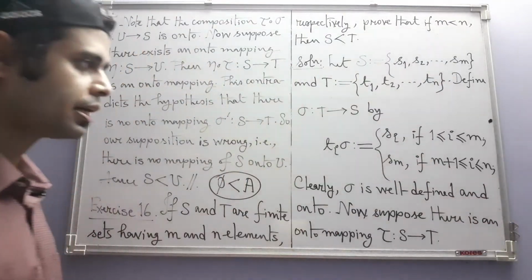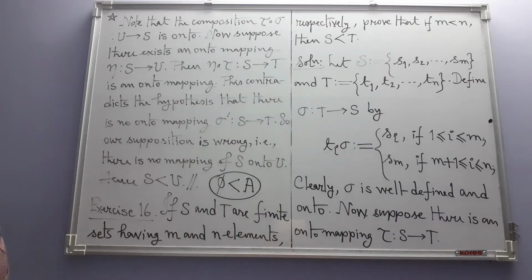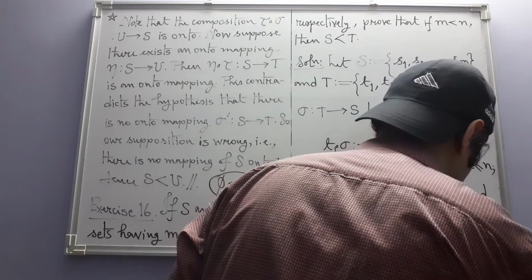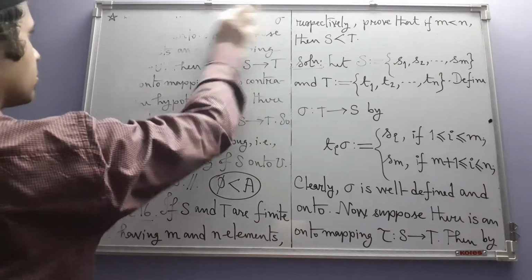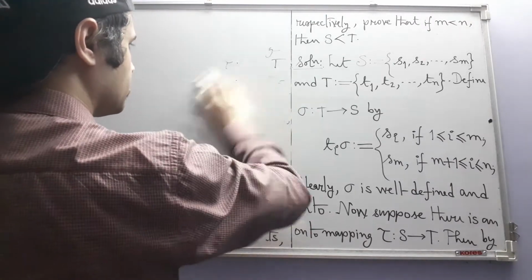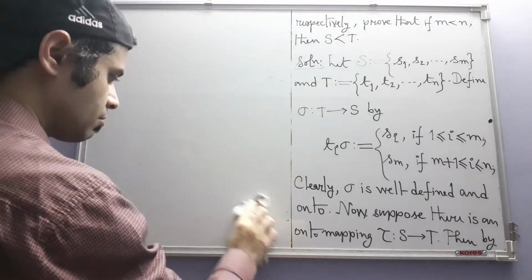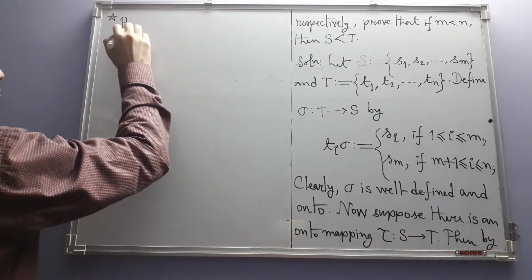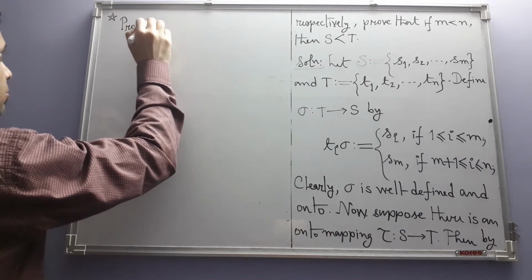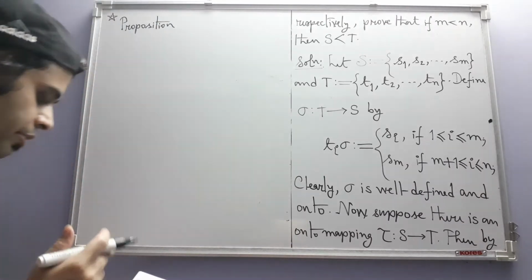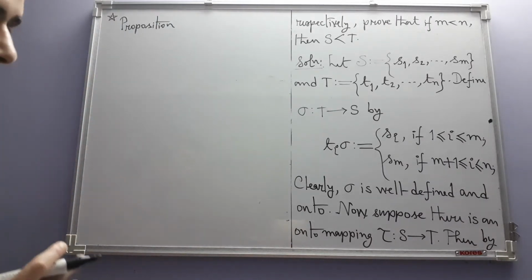Okay, now here again we are going to use a result from tau, then by proposition, it is that proposition from which we have already used results.